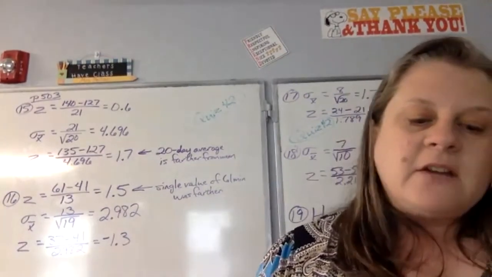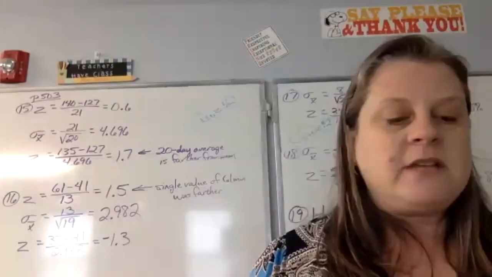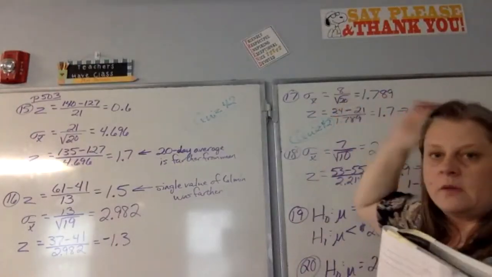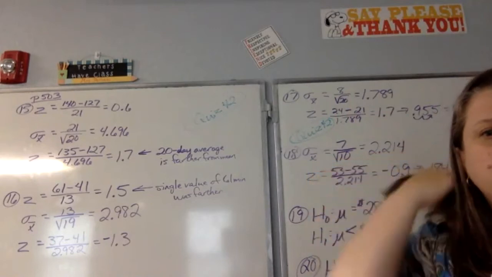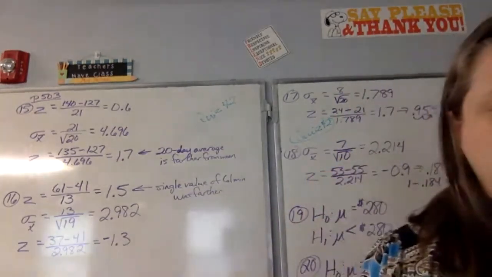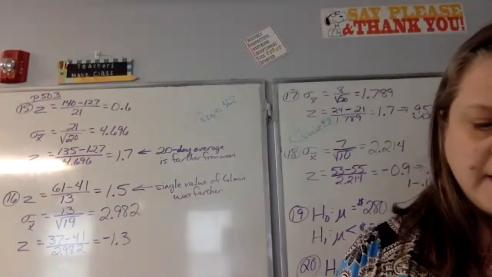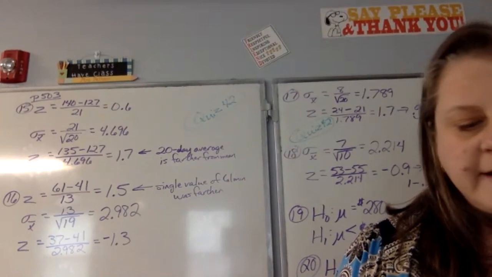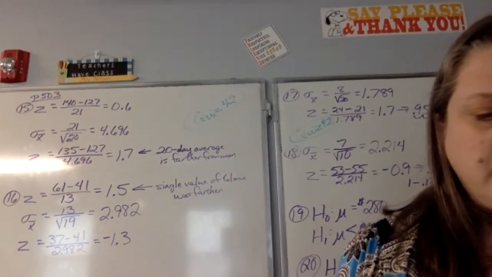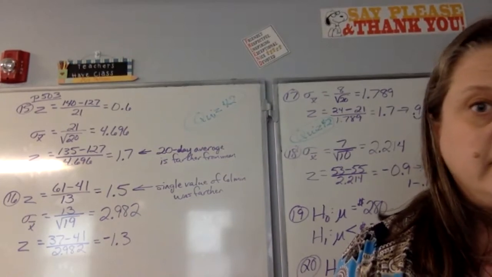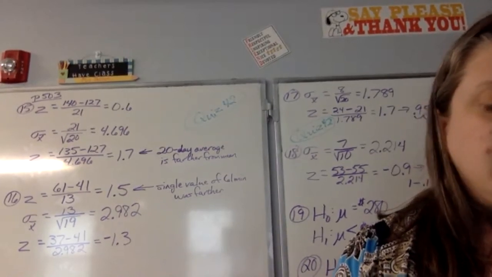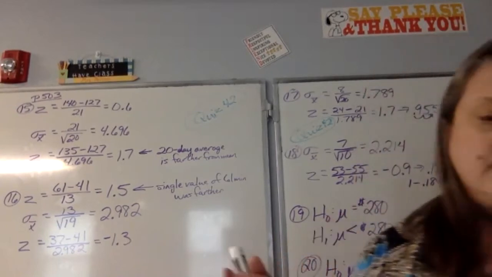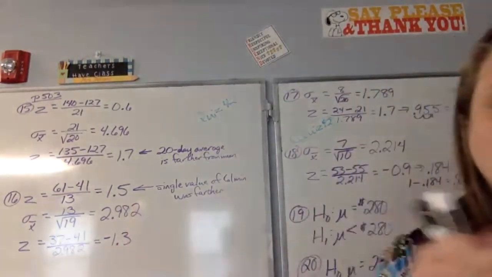Okay. The standard deviation of averages is the standard deviation divided by the square root of the, what's on that bottom there? N, the sample size. The central limit theorem states that as the sample size increases, the sampling distribution will become more and more normal.